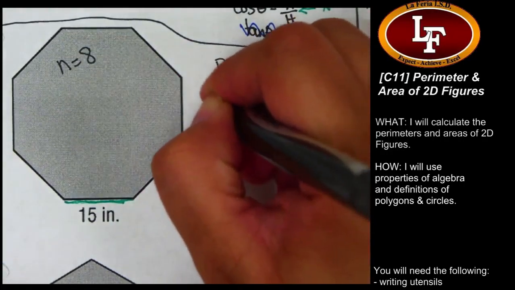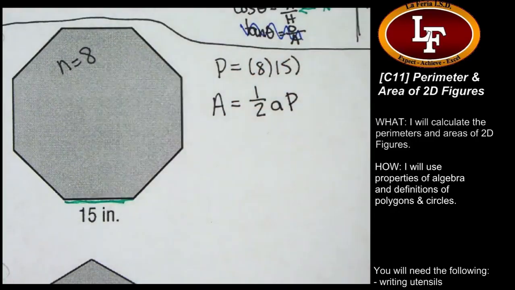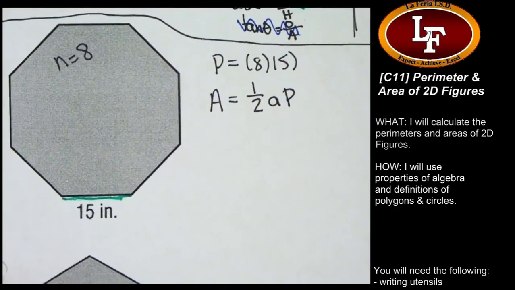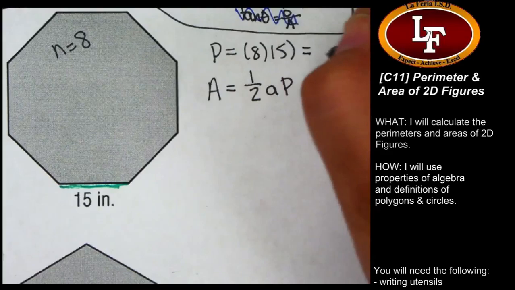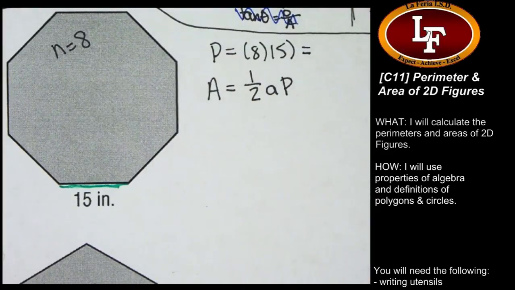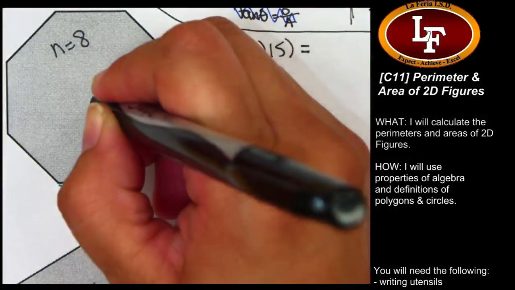The next thing that we need to work on is finding the area of this polygon. Again, there is the formula for the area of a regular polygon, 1/2 times the apothem times the perimeter. By this time, you should have the perimeter already written down, and so all you need to do is find that apothem. Let's draw in the apothem.